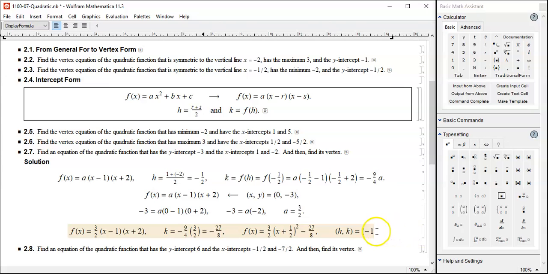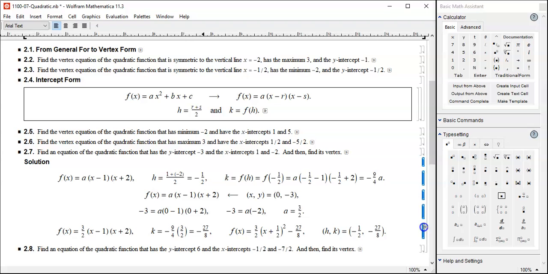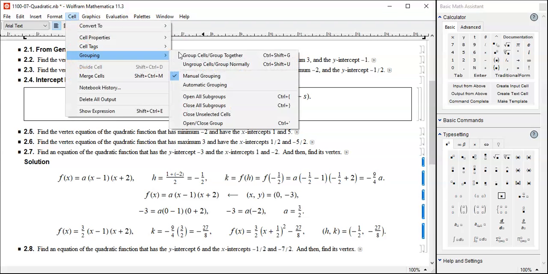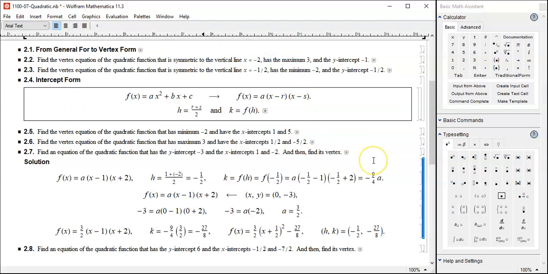So the vertex is (-1/2, -27/8). Okay, basically we found everything we wanted to find. What do you think?